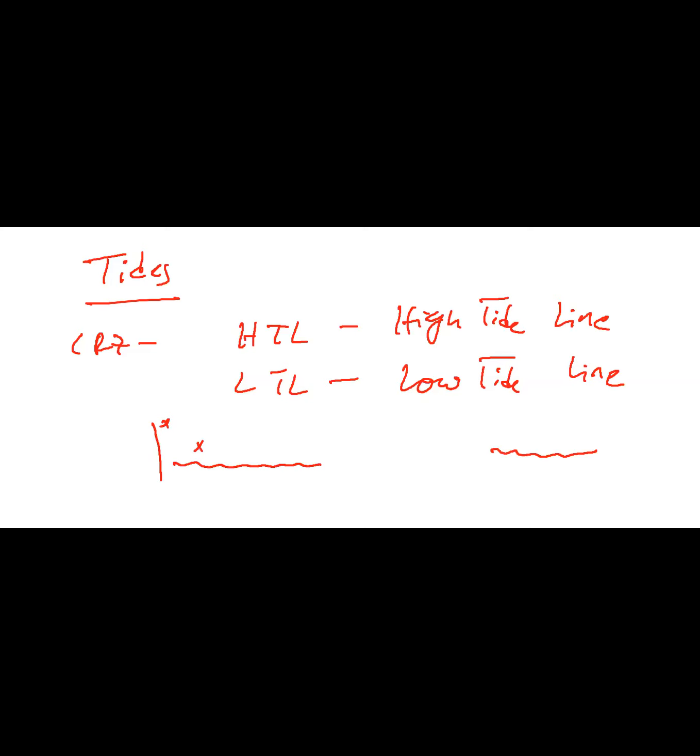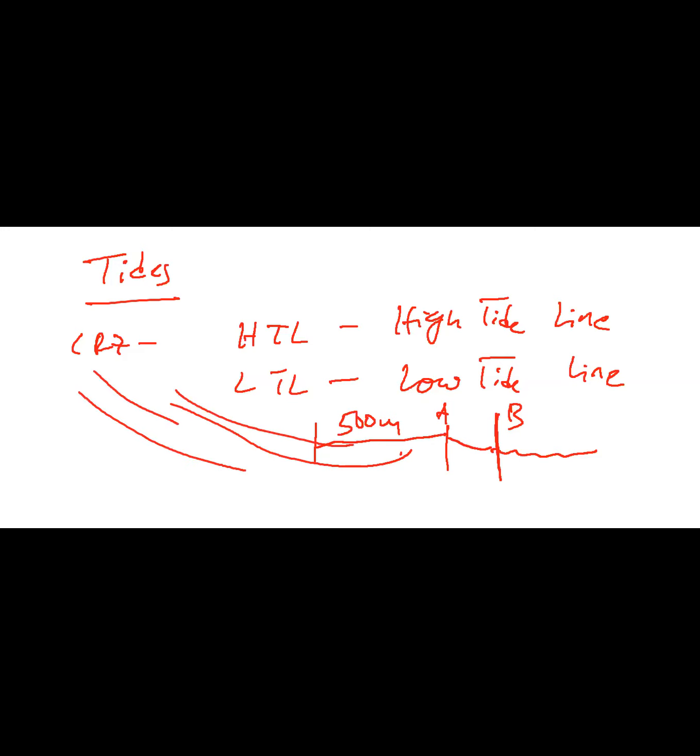If these are the normal sea waters, at high tide the sea waters will come up to this particular point A. Low tide means the sea waters will be at this location, position B. From the high tide line towards the coast, up to 500 meters, we have this regulation. This whole thing is coastal area.